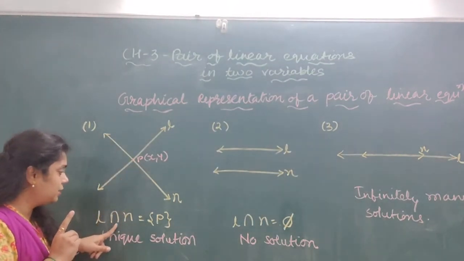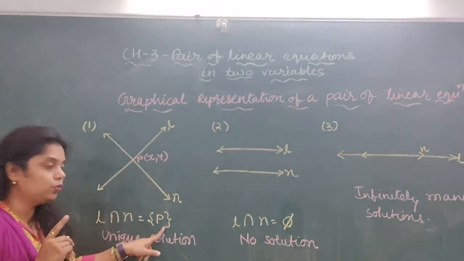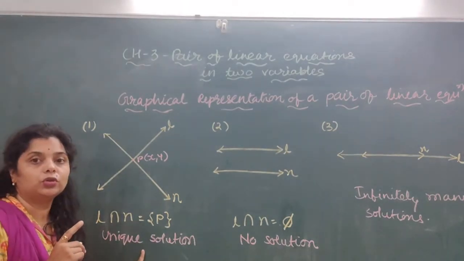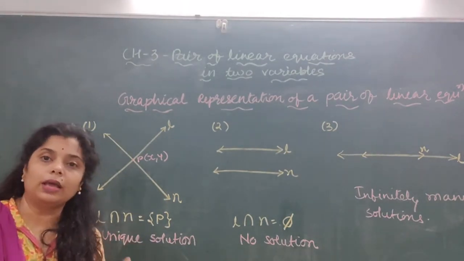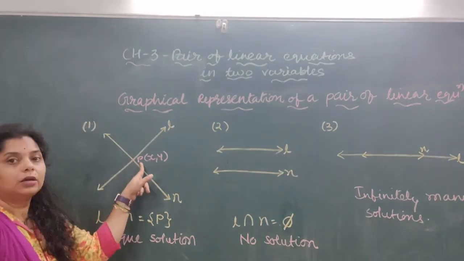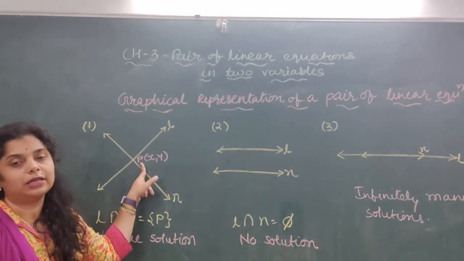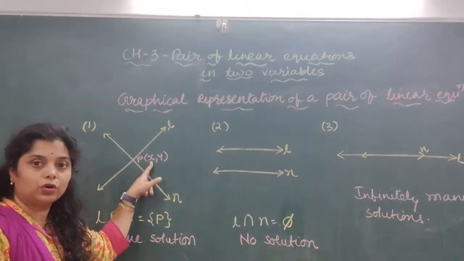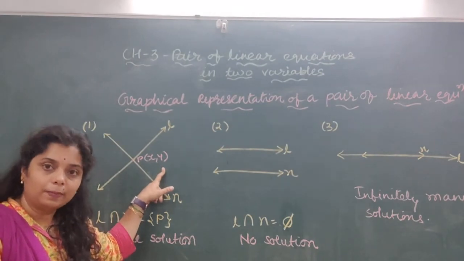So the intersection is 1 point, and it means it has a unique solution. What do we mean by unique? One and only one solution. So its solution is point P, (x, y). X means x coordinate, y means y coordinate.